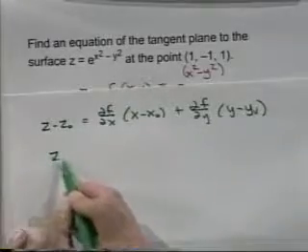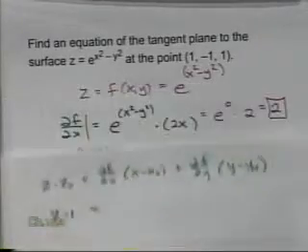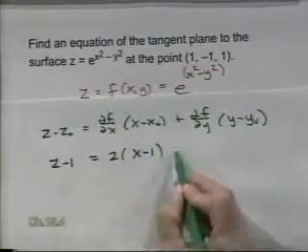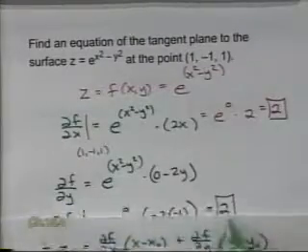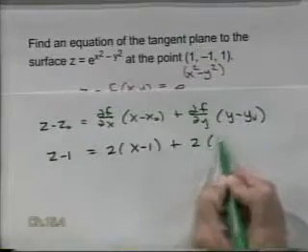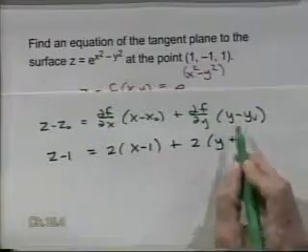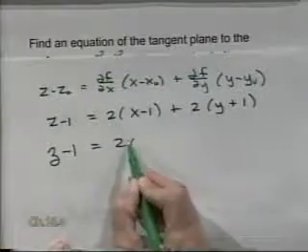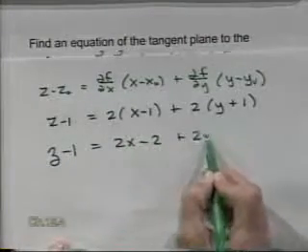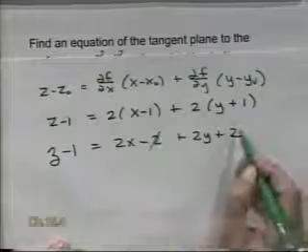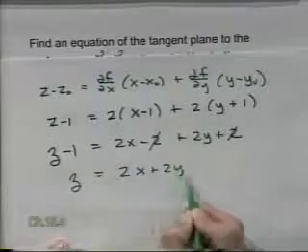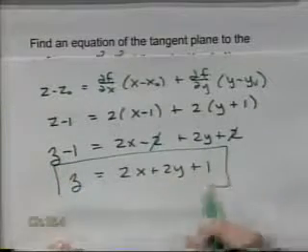So it's going to be z minus 1 equals, my first partial was 2, my x naught is 1, my second partial was 2, and my y naught is minus 1, so minus a minus 1 is plus 1. That gives me z minus 1 equals 2x minus 2 plus 2y plus 2. It looks like the 2's cancel. So it would be z equals 2x plus 2y plus 1.